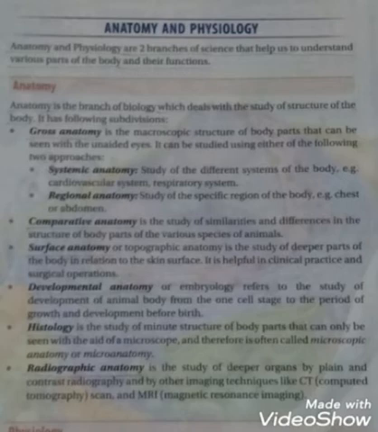Now we see about histology. What is called histology? Histology is the study of minute structure of the body parts that can only be seen with the aid of the microscope, and therefore it is often called microscopic anatomy and microanatomy. Histology means things which cannot be seen by the naked eye. Microscopic means very small, which cannot be seen by the naked eye.